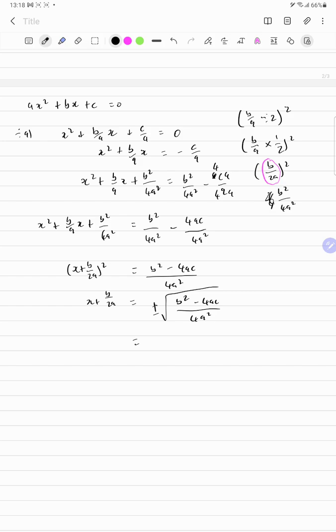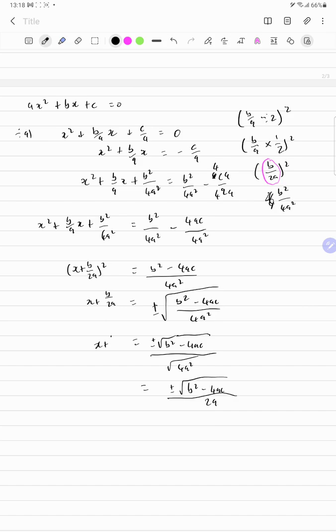But I know that the square root of a fraction is the fraction of the square roots. So this is plus or minus the square root of b squared minus 4ac, all over the square root of 4a squared. But the square root of 4a squared is just equal to 2a. So this gives me plus or minus the square root of b squared minus 4ac, all over 2a.